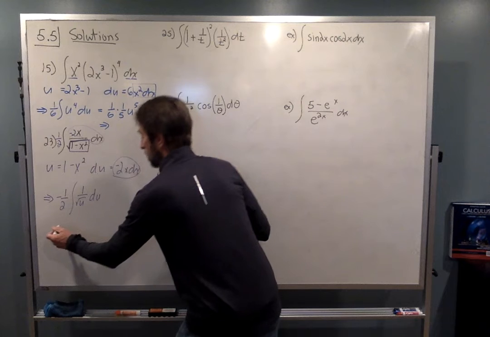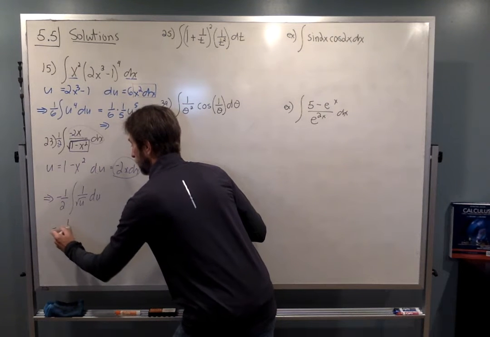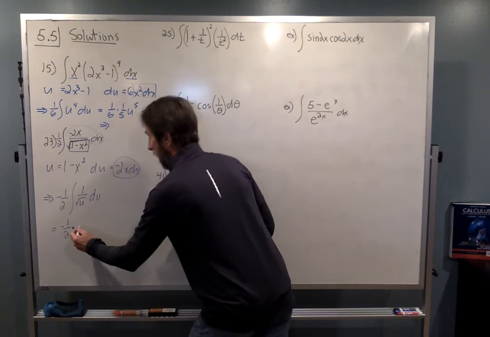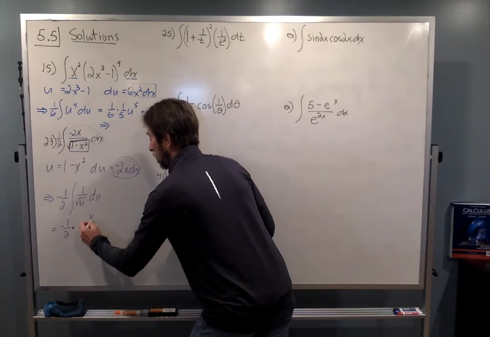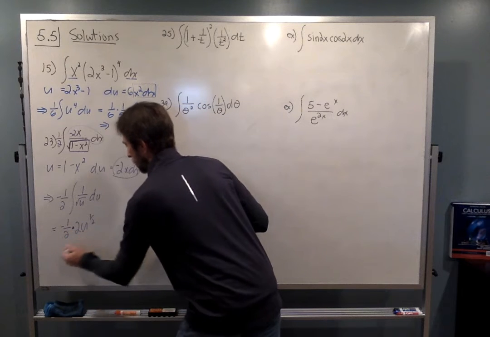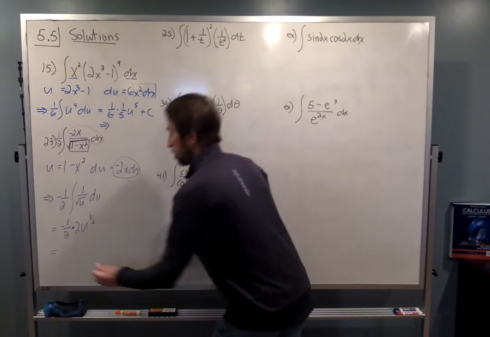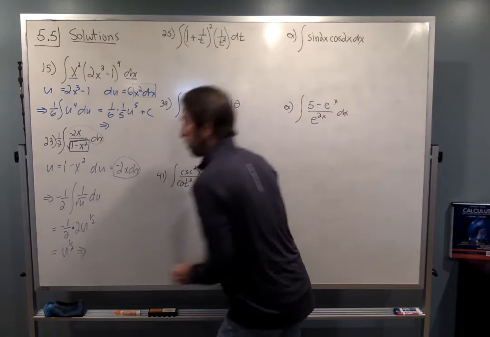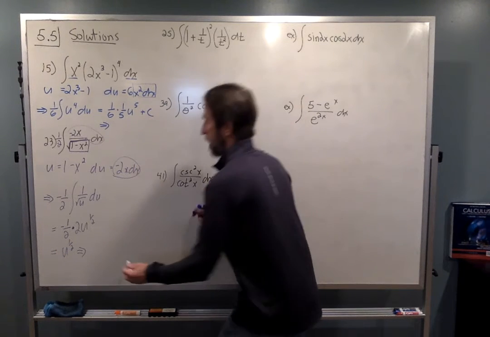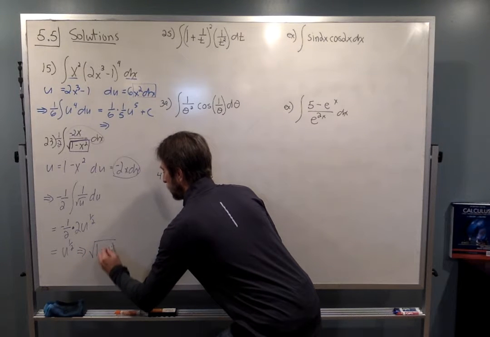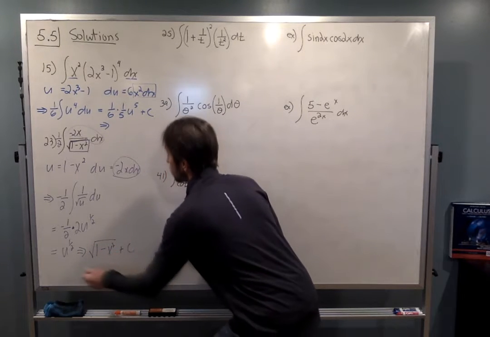So if I add 1 to the exponent, it becomes u to the 1/2. And then divide by that 1/2 becomes multiplying by 2. So this just becomes u to the 1/2. But if we put this one back in terms of x, because I have room, it's just going to be radical 1 minus x squared, plus c, of course.